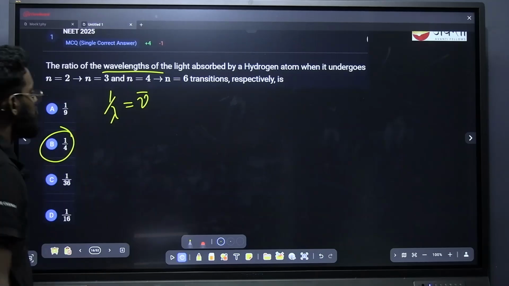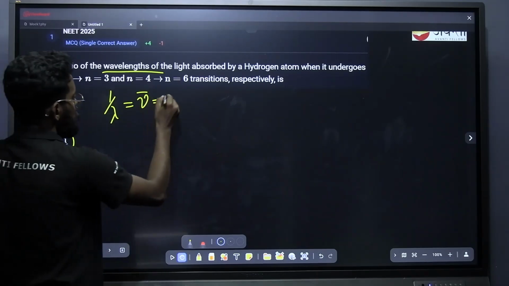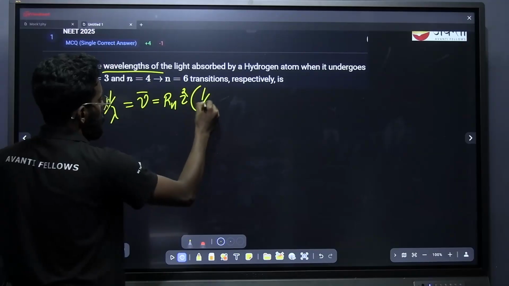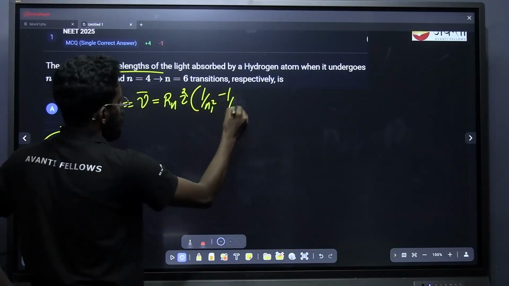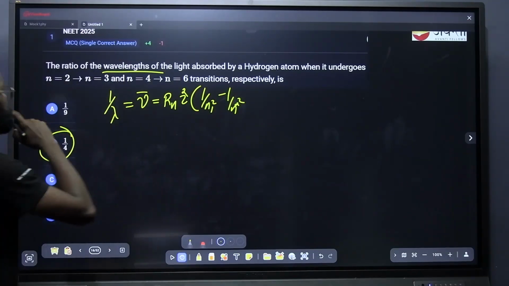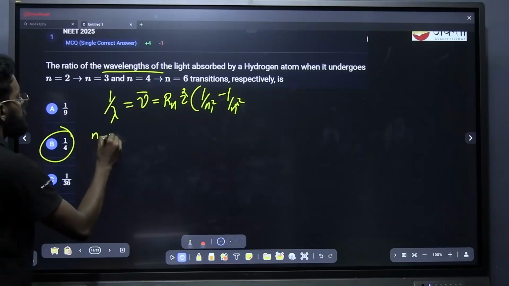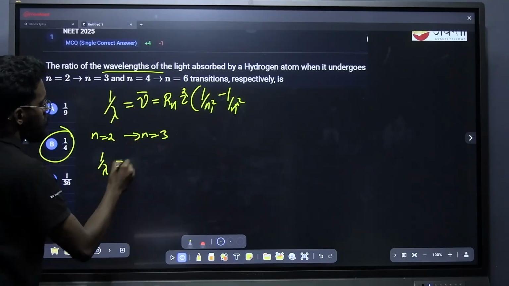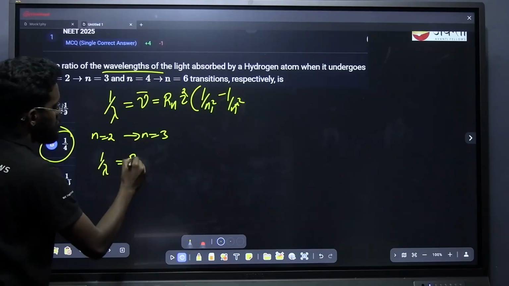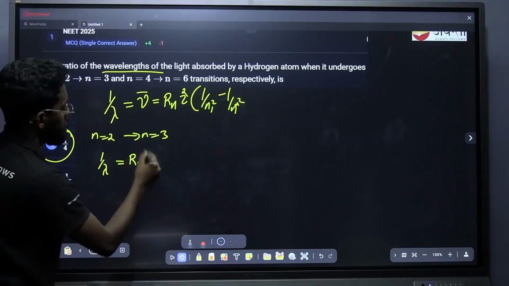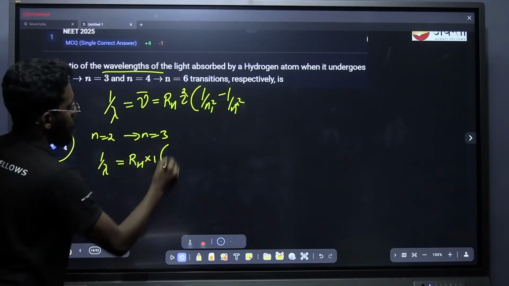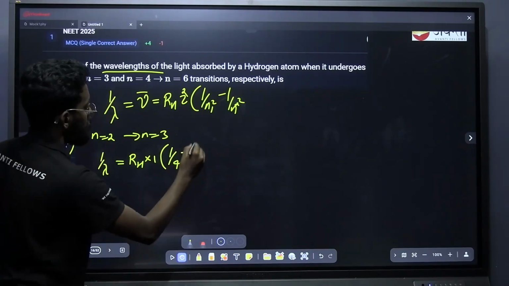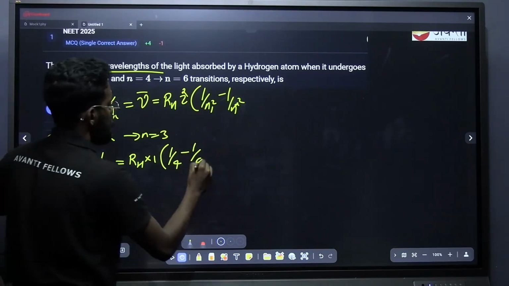So the equation is 1 by lambda is equal to wave number, which is equal to RH into Z square into 1 by N1 square minus 1 by N2 square. First I am going for the transition N is equal to 2 to N is equal to 3. So 1 by lambda value is RH, and as it is hydrogen, Z is equal to 1. 1 by N1 square is 1 by 2 square, it is 4, minus 1 by N2 square, it is equal to 9.